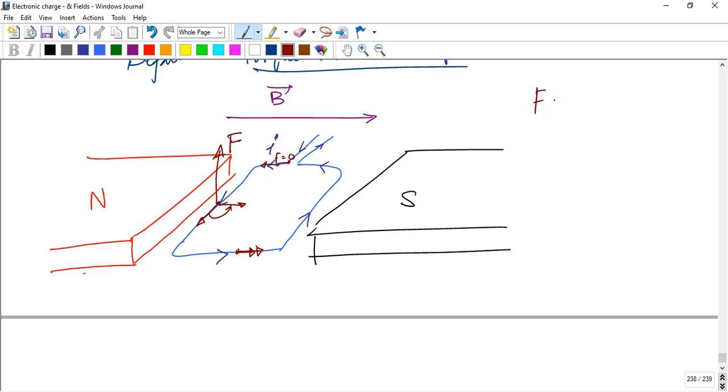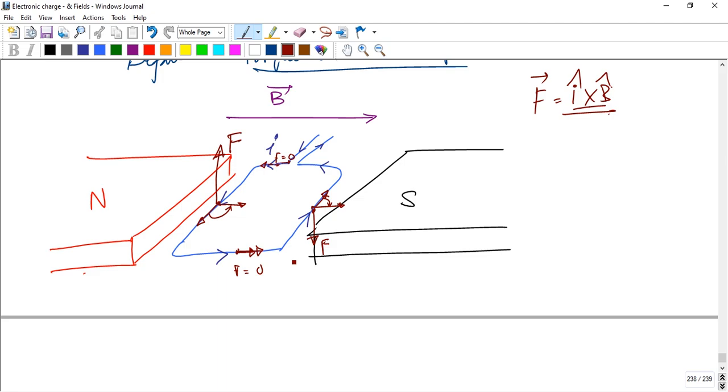The force equals I dl cross B, and if I and B are in the same direction, sine theta is sine 0, which is 0, so there is no force here. And here the current is in that direction, the magnetic field in that direction, so I cross B gives a force in the downward direction.